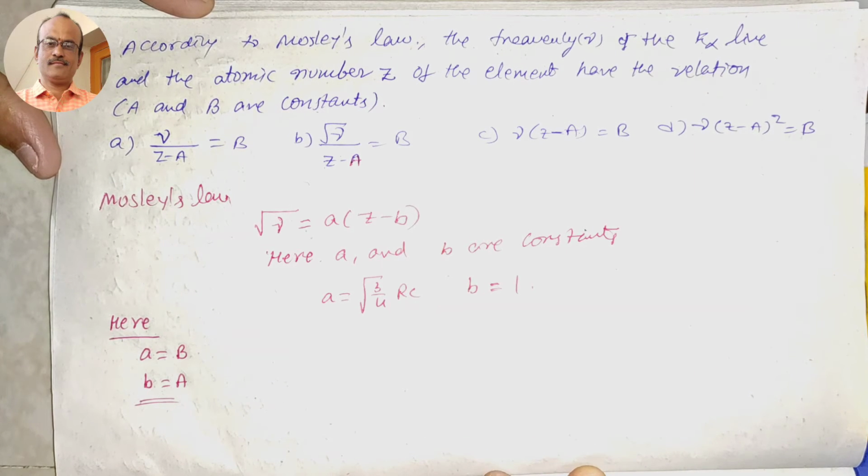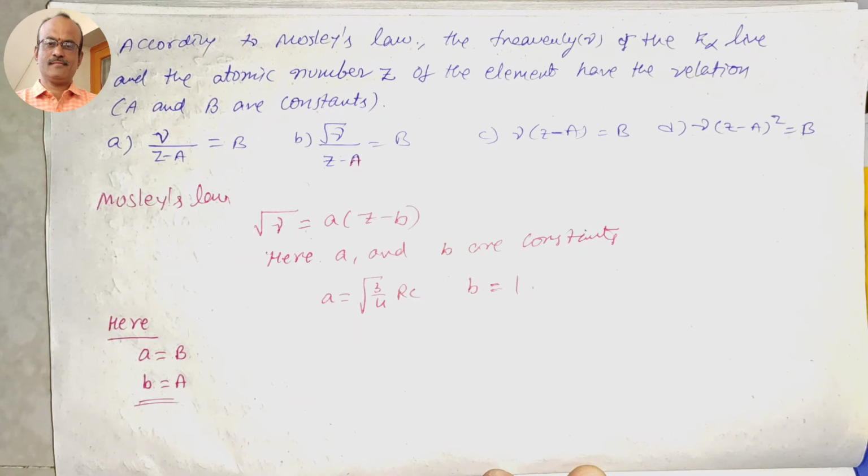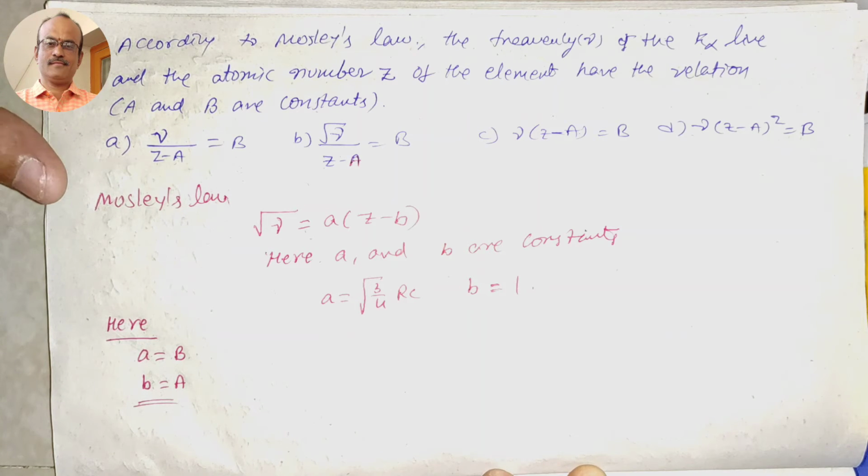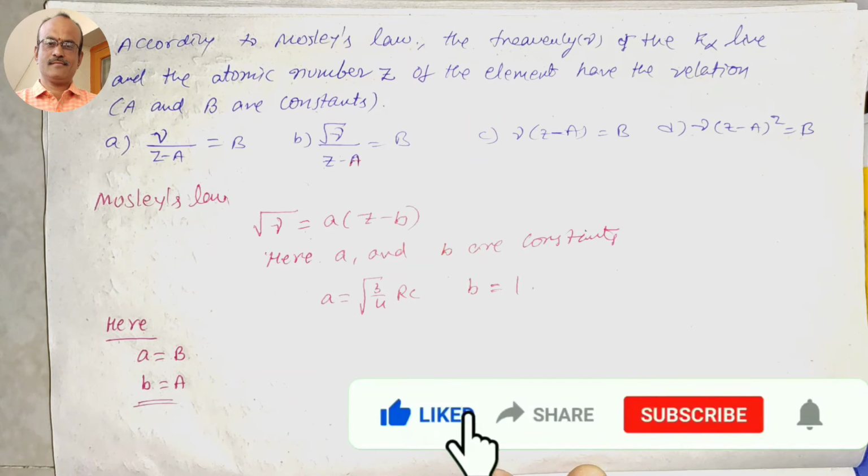Now question number 37. According to Moseley's law, the frequency of the K alpha line and the atomic number Z of the element have a relation. How must the relation be? A and B are constants. Actually, Moseley's law states that the frequency of any particle emitted by an element and its atomic number are related by Moseley's equation.